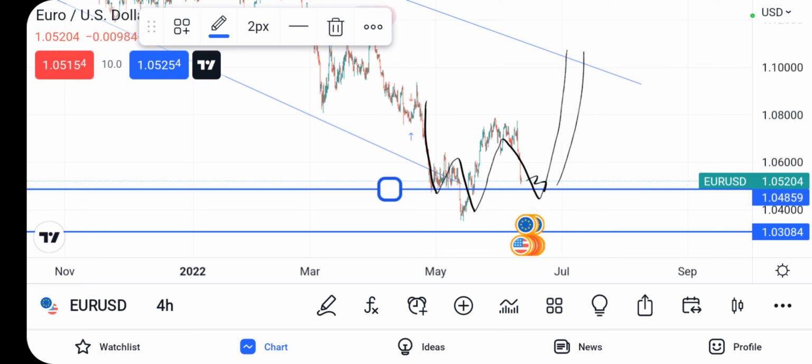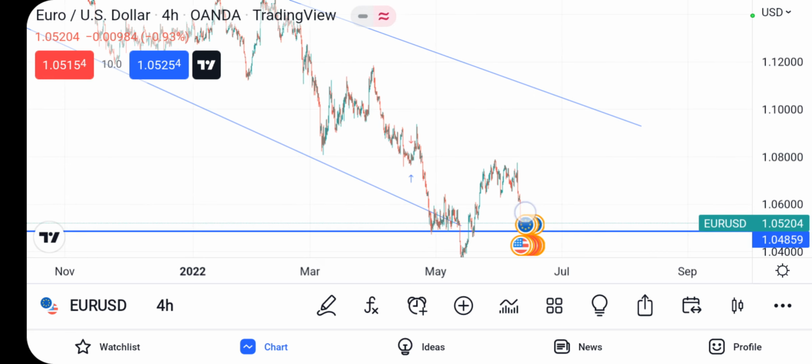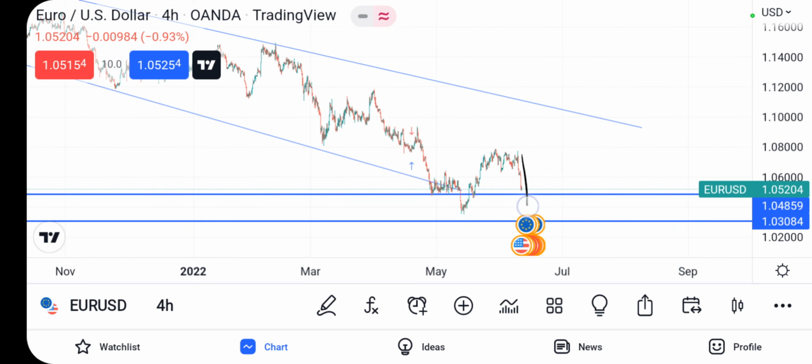I will be happy to see what will happen also in this area. If I see a descending channel there, I'll be able to take a trade. Remember, impulse, correction, impulse.